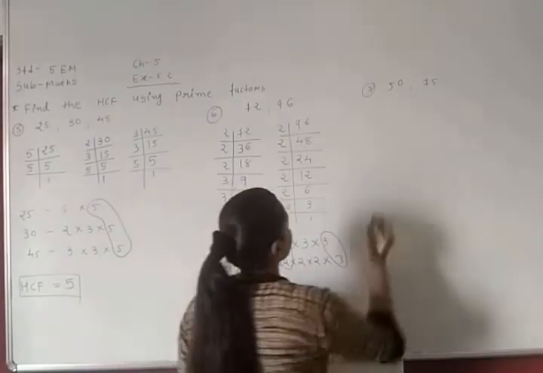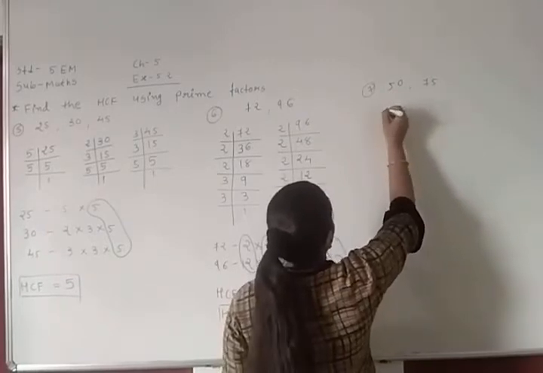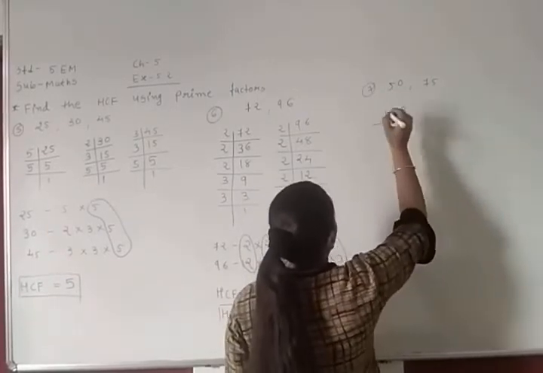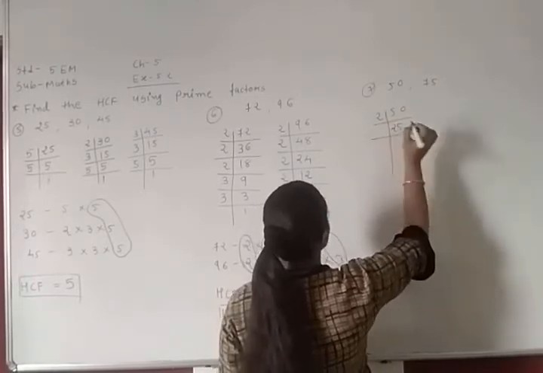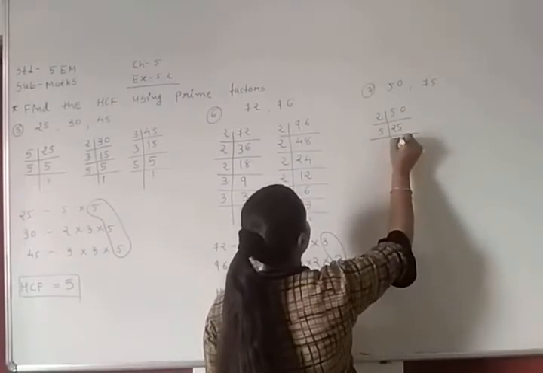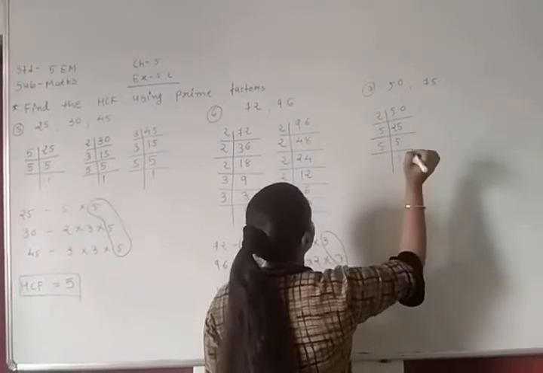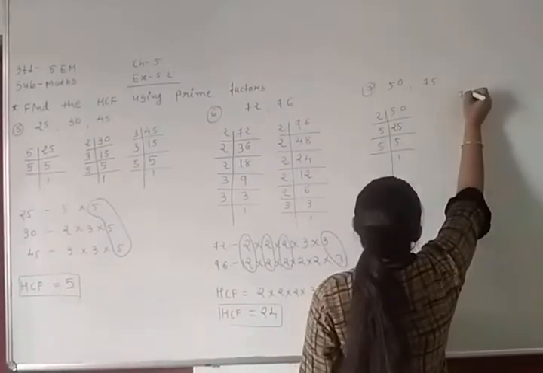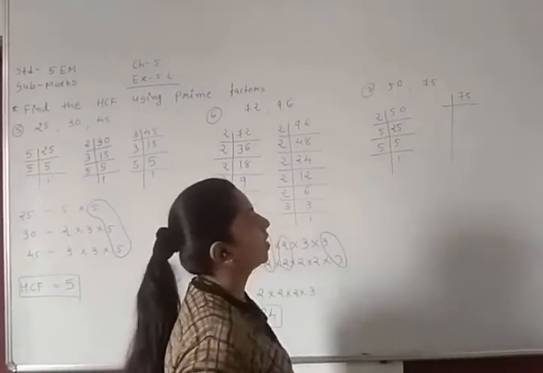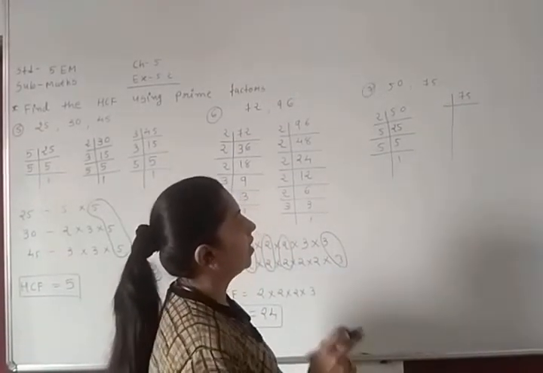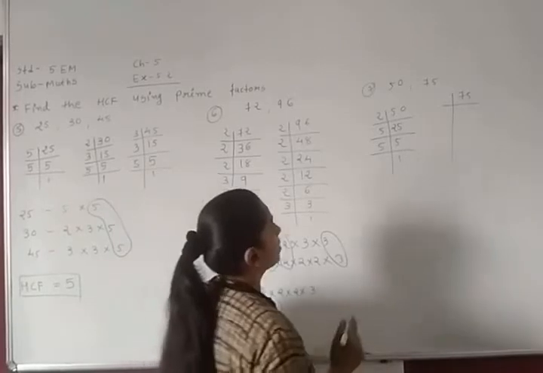But let me do it with the method. 50 is an even number, so go with 2. 2 25s are 50. Now 5 5s are 25 and 5 1s are 5. Then 75: is it divisible by 3? Let me check. 7 plus 5 is 12. Yes, 3.